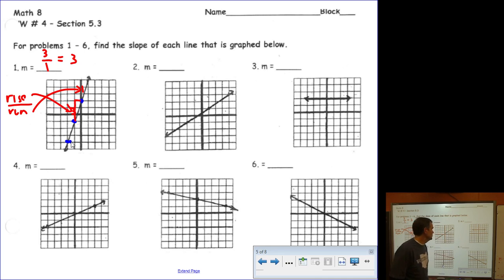Problem number 2. I'm going to pick 2 good points on the line. This one has lots of good points, I think. Yeah, maybe not. All right. And let's go ahead and make a triangle.